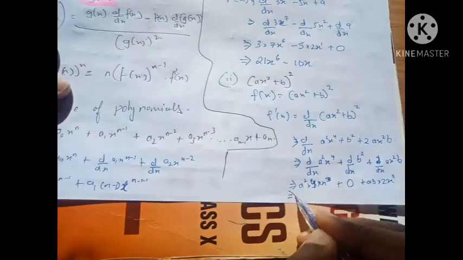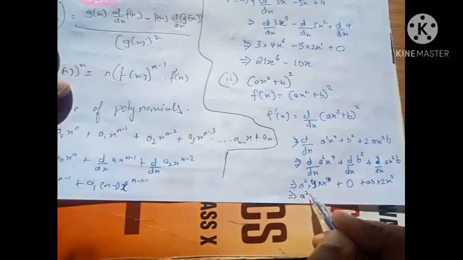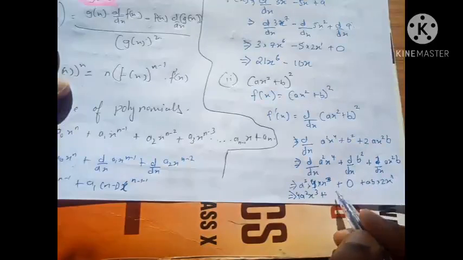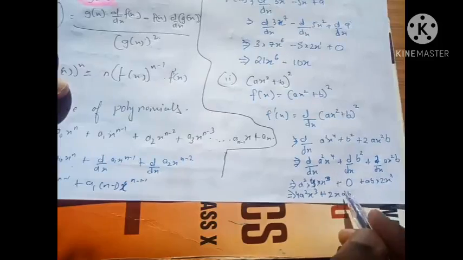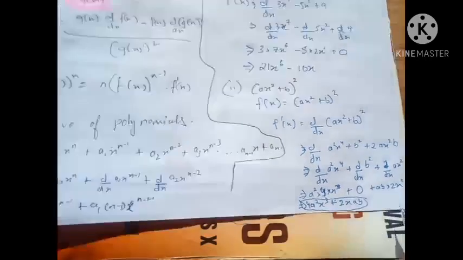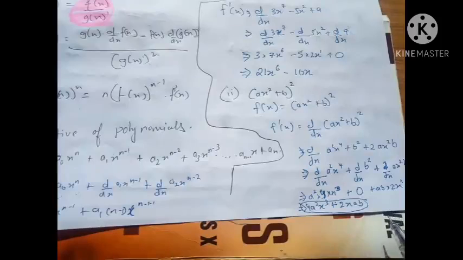So what do I have now? 4a square x to the power 3 plus 2abx. So this is my answer, 4a square x to the power 3 plus 2abx, or 2xab, this is also what I can write.